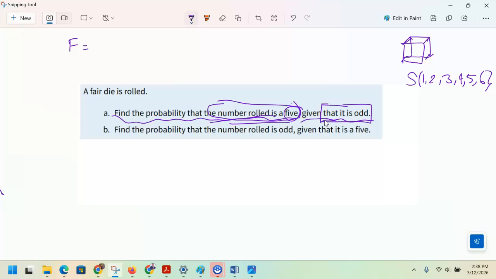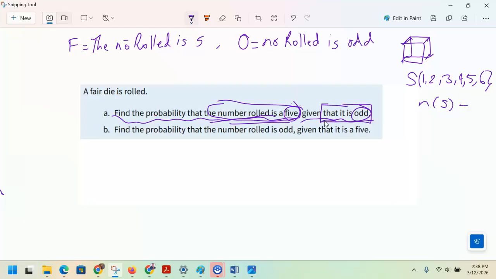Let F be the event that the number rolled is 5, because five starts with F, and O the event that the number rolled is an odd number, because odd starts with O. The number of all possible outcomes is 6.